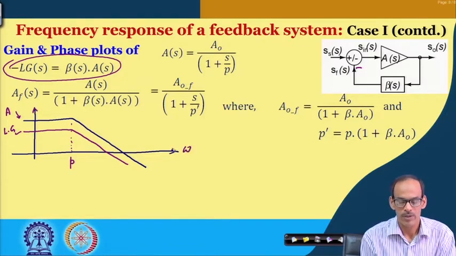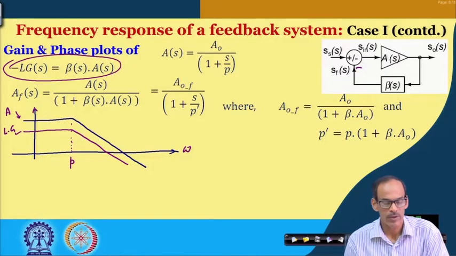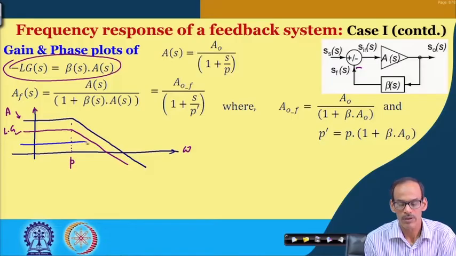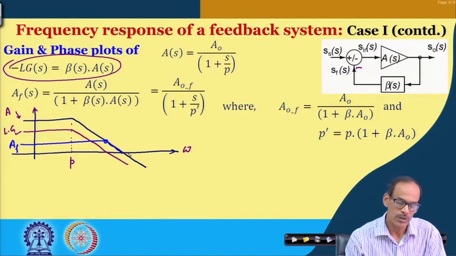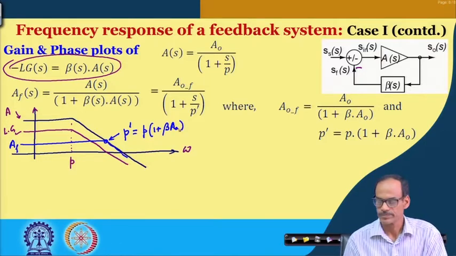and then we have also sketched AF, and what we said is that beyond this point AF is continuing, or rather following A, and we can say that the corresponding pole P dash is P into 1 plus beta into A naught.